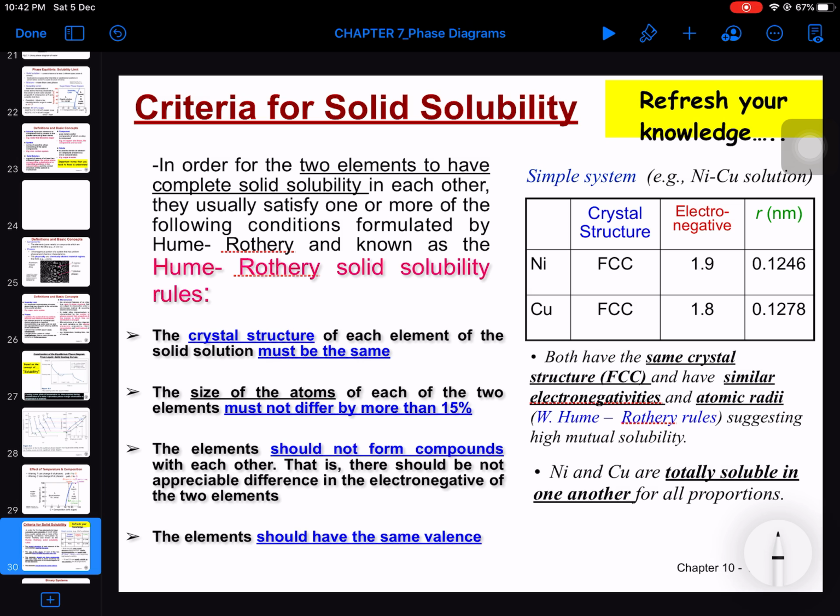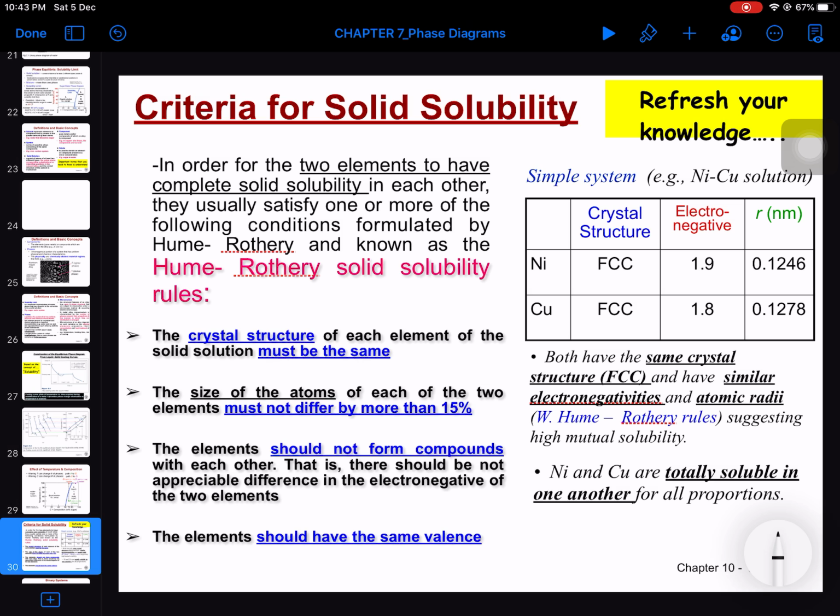All right, now the criteria for solid solubility. I already told you just now what is meant by solid solution. But even though we can add solute atoms into the solvent atoms, there is a limit to which we can add and keep the mixture in homogeneous form.